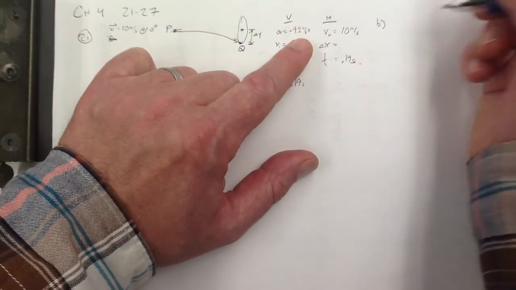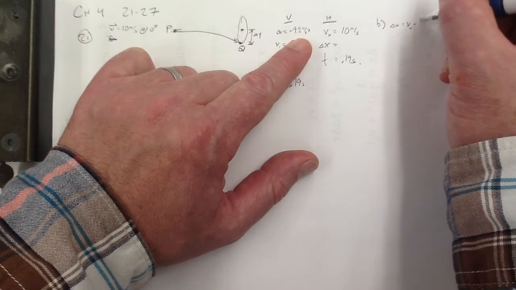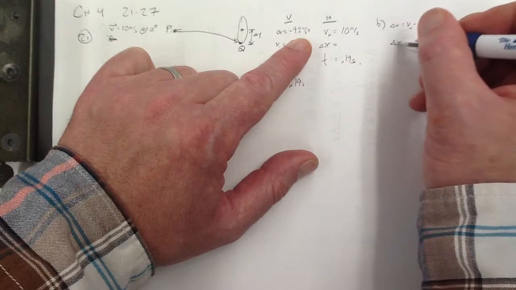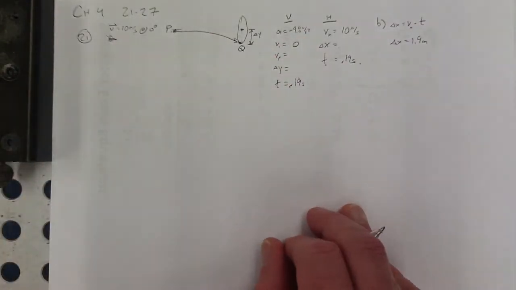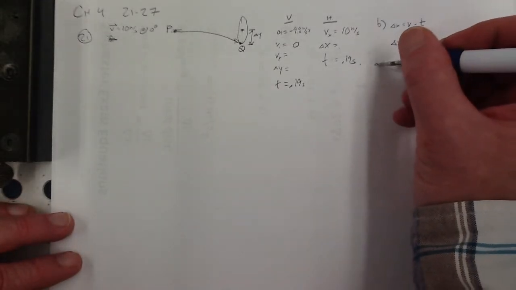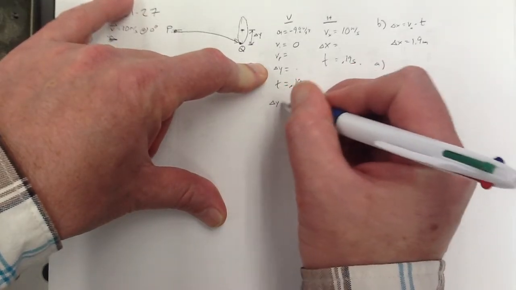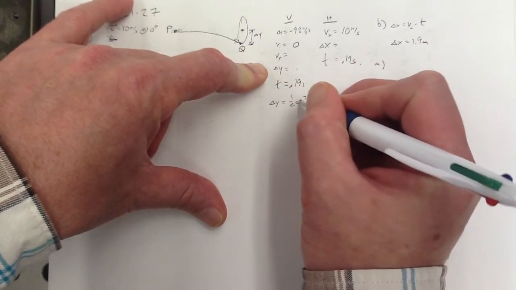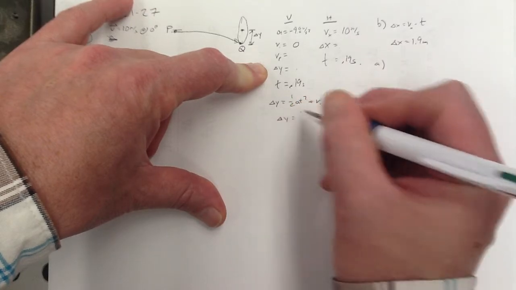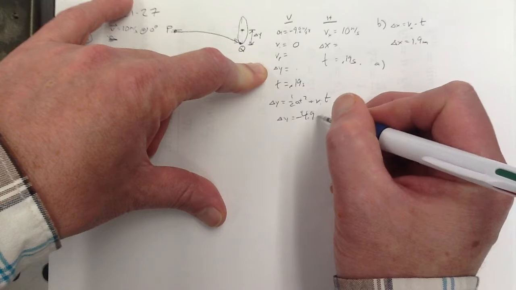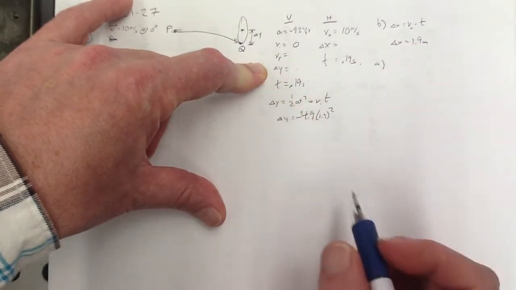That's part B. So delta X is equal to Vx times the time. That's 1.9 meters. And then to do part A, I can find that delta Y, and then that's 0, right?